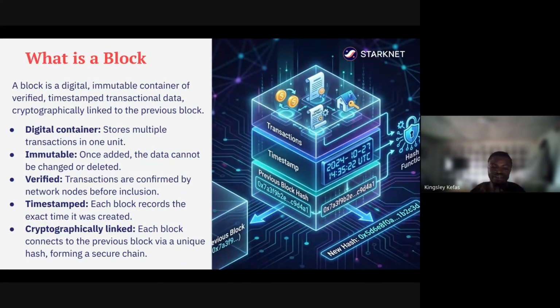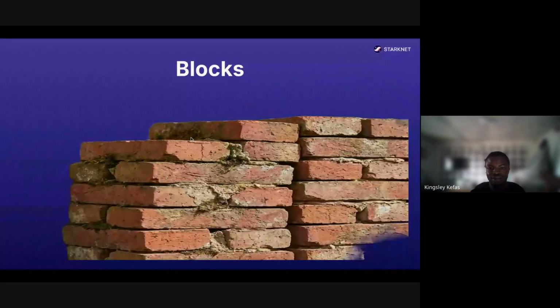And then verified, like I said, transactions must be confirmed. They must be verified by the nodes before they are added to the block. You don't just carry a transaction and add it to the block like that. By the time you do that, that block will be invalid. Now, I think it's also safe to attribute it to this. It's like saying, for instance, you have these blocks, right?